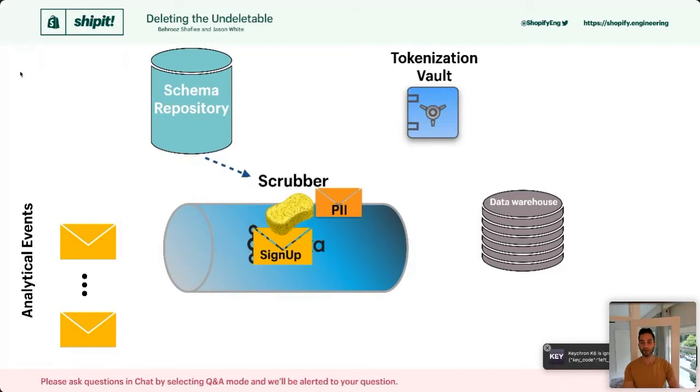So it takes the raw PII value and sends it to the tokenization vault. The tokenization vault sees the PII and generates a new token, or maybe returns an existing one. And once it's returned, the Scrubber replaces it in the event, and the obfuscated and tokenized event now gets persisted into our data warehouse.